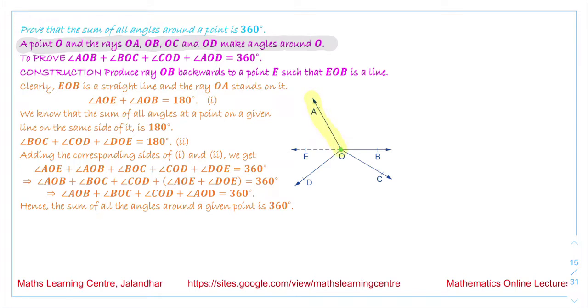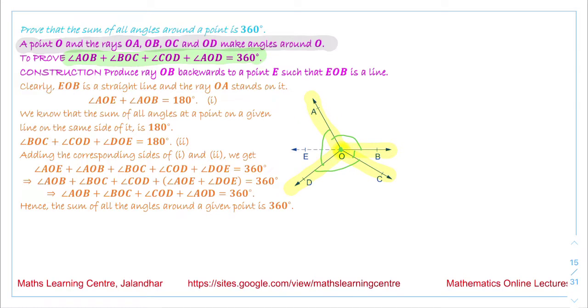It is OA, OB, OC and OD, which makes angles around this point O. And what we have to prove is that sum of all these angles, angle AOB plus the rest, is 360 degree. We are talking about these angles over here. We have to prove that sum of these angles is 360 degree.